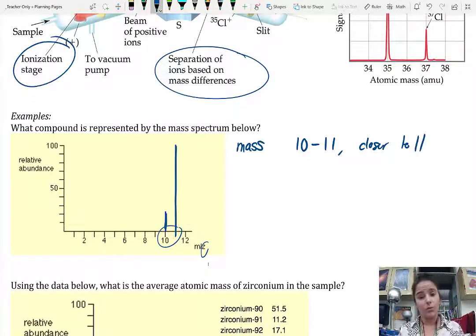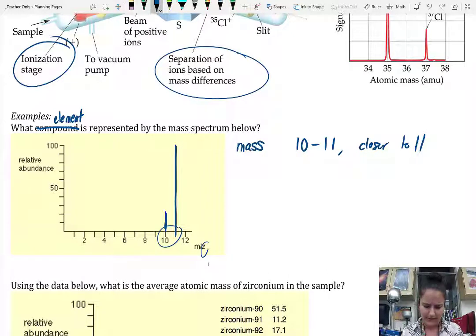So if we wanted to figure out what element, not a compound, sorry for that typo, what element is represented by the mass spectrum, we just need to find who has a mass of about 11. Beryllium is 9, and that doesn't make sense. It couldn't be 9 because that's a lot less than 11.